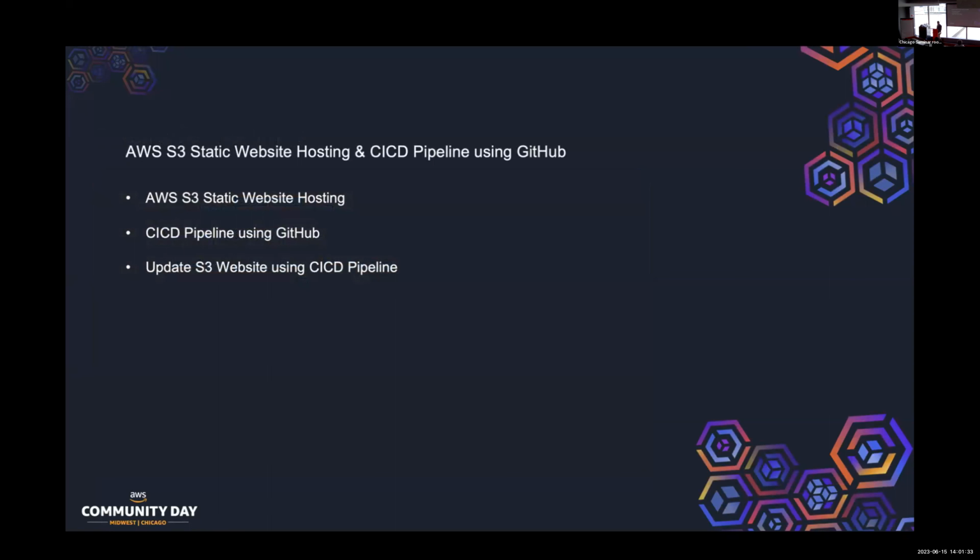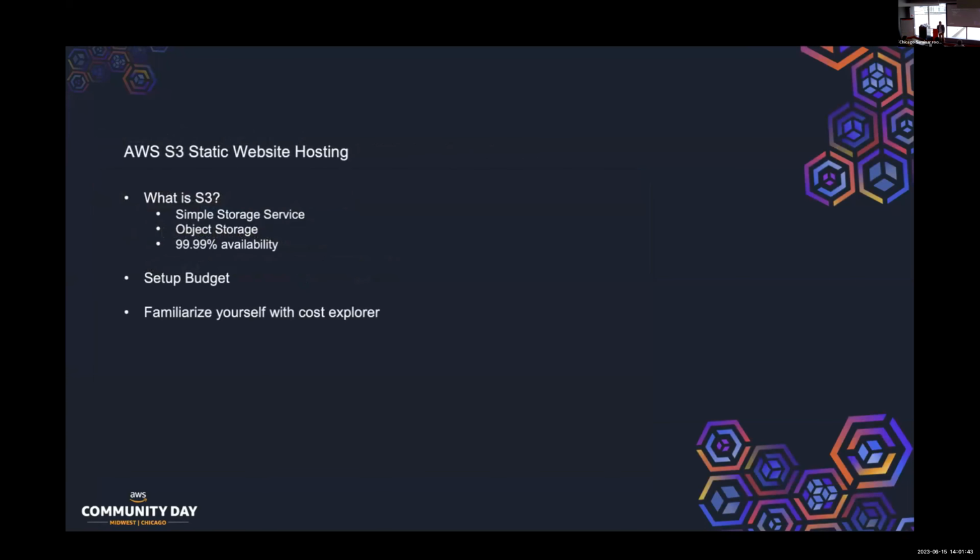So in this, we'll create the static website, we'll run a CI/CD pipeline, and then we'll see how the website gets updated without intervention. S3, that's a popular one, one of the oldest services that AWS came up with.